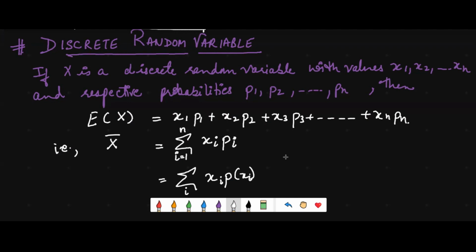Now, whenever we are talking about discrete random variables, as I have explained, what is the expectation of x. So when I'm talking about the expectation of some other function, then what would be the value? So let's see that.